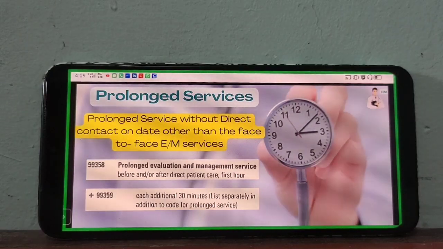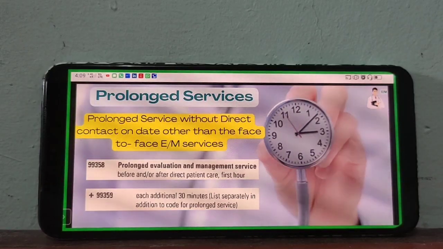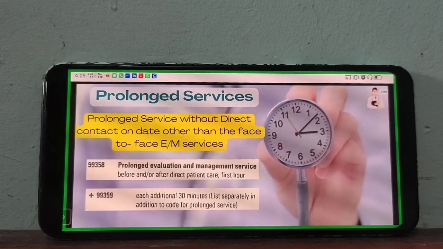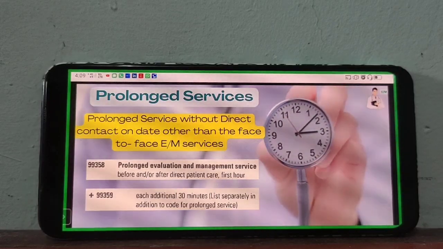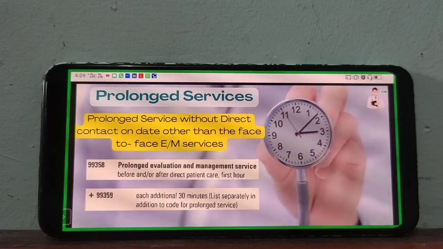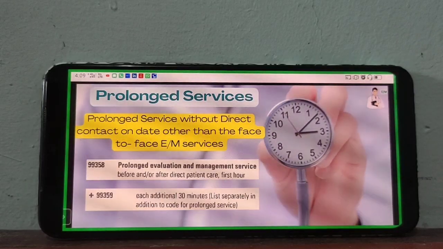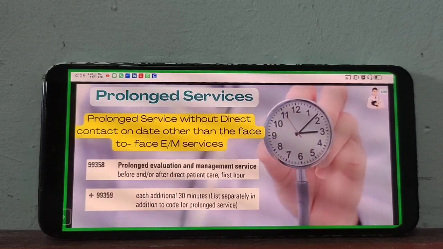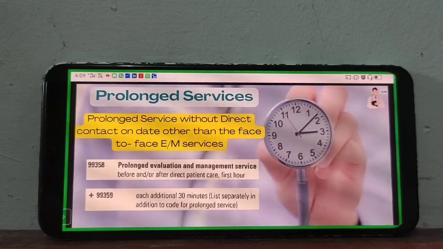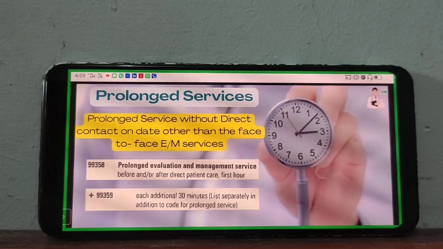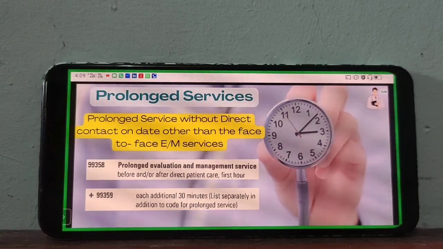Then after completion of the face-to-face service, again I communicate with the same doctor. The doctor will give some instruction through the phone call. So that is the meaning of before and after. Did you understand the meaning of before and after, guys? Please reply me. Yes, ma'am.